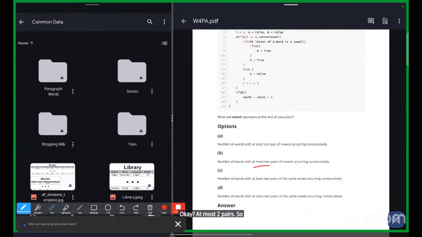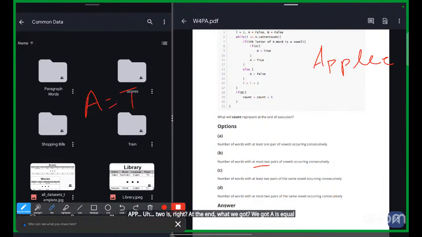So suppose in our example we had A, P, P, L, two E's, right? At the end, what we got? We got A is equal to true and B was also true, right? If we evaluate another vowel, let's maybe take A.